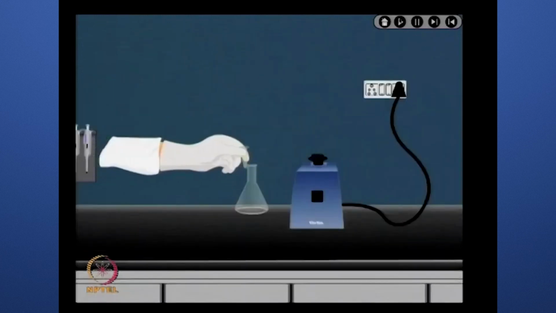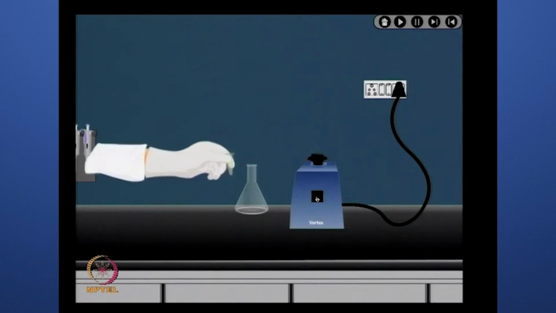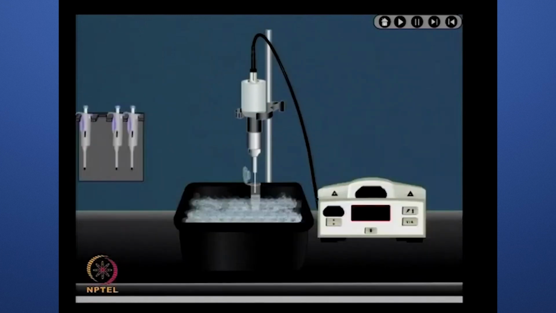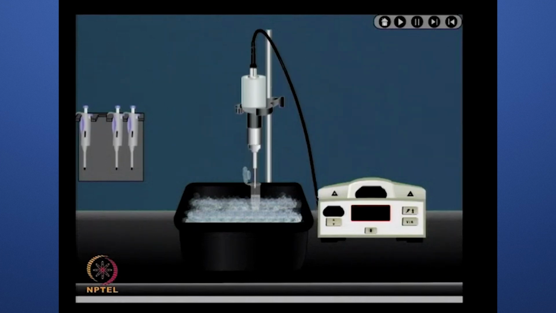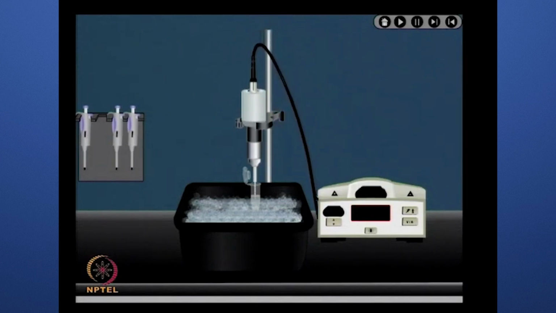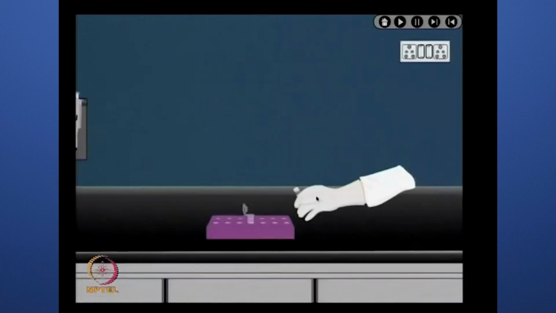Ensure that mixing is uniform, and then vortex by clicking on the vortex here for 30 seconds. Mild sonication is performed using a sonicator for 6 cycles of 5-second pulse with 30-second gap in between at 20% of amplitude. The mild sonication step in serum sample is found to be effective in improving the gel quality and resolution.